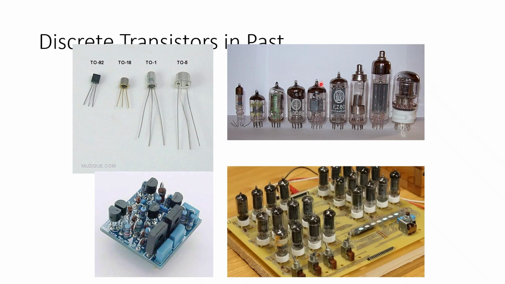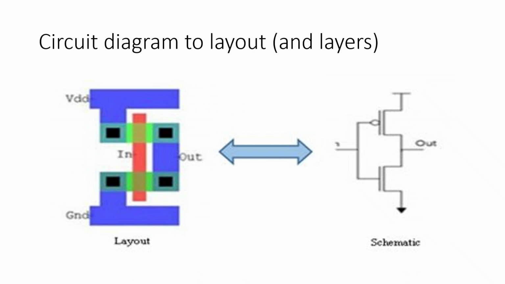The opposite of discrete electronics is integrated electronics. The way that VLSI, very large scale integrated circuits, are made is by interconnecting the transistors. For example, this is a circuit diagram of two transistors joining on one gate.